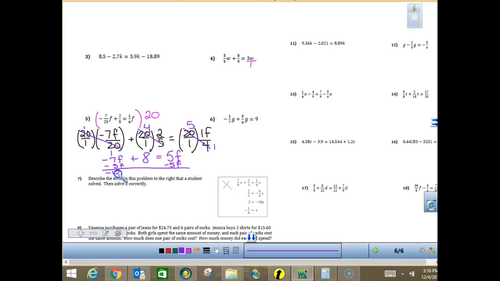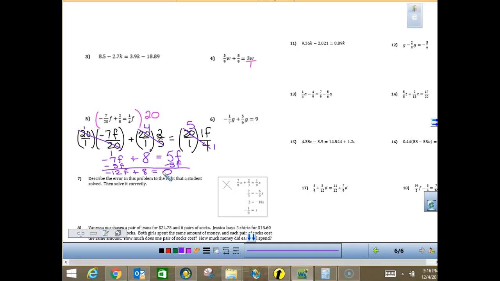Negative 12f plus 8. Yep. Equals what? 1. What's 5f minus 5f? 0. You have one more step to do in your problem. Actually, 2 more steps to finish solving it, right? So if you would have added 7f, it's a lot shorter, right? You don't have as much work, okay?